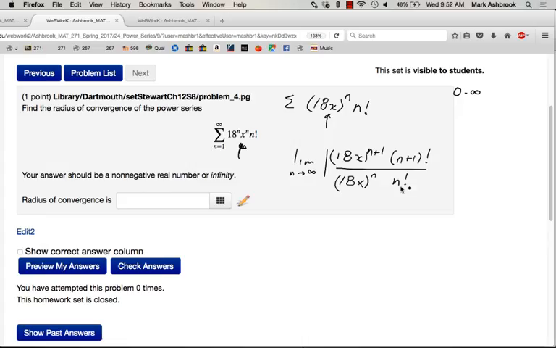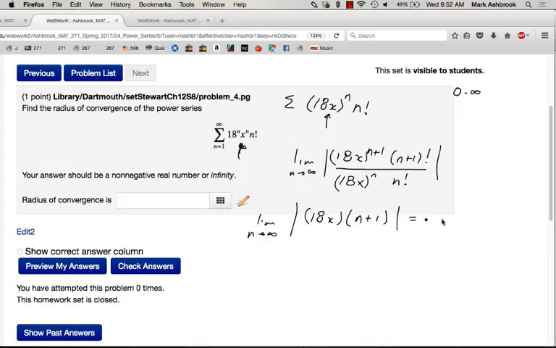Since we don't actually start with a ratio here, we go back to a sub n plus 1 over a sub n. And what will we get? One more 18x and n plus 1, right? n plus 1 factorial is n plus 1 times n factorial. The n factorials go away. So here we are. What is that limit as n gets large?